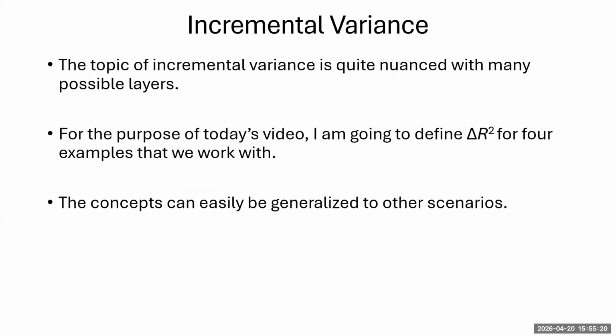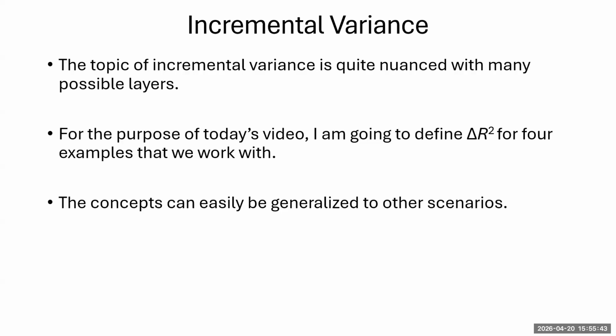Okay. The topic of incremental variance is a big topic and it's nuanced in its own right. I'm not going to really get into the specifics. For today's talk, I'm going to quantify a couple of relevant quantities, and we'll just work with those.